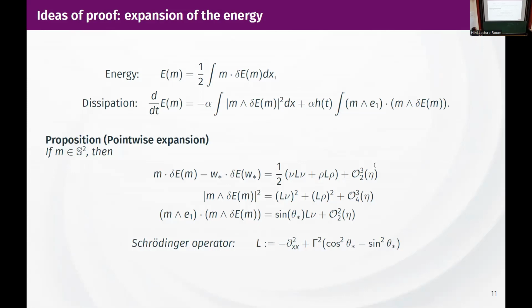Okay, and then I compute the dissipation. And again, I think I found something which is beautiful. Again, I have this operator L, and now it's the square of L applied to mu and the square of rho. And the error terms are cubic, and now I have four derivatives because this is quadratic.